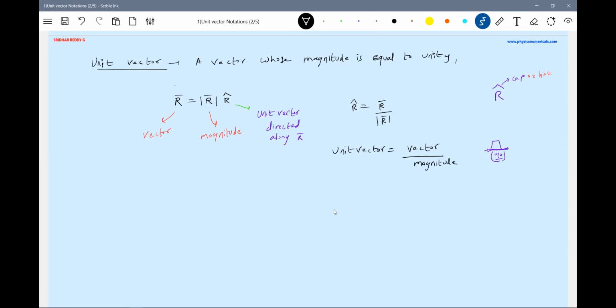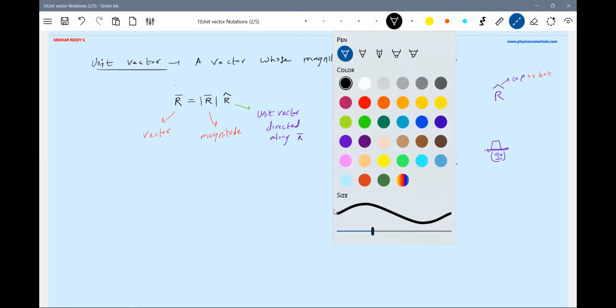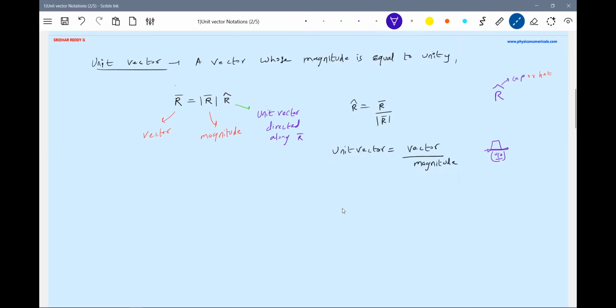Along r bar. Can you show once how the possible direction will be? If this is the vector, r bar will be in this direction, then r cap will also be in this direction.